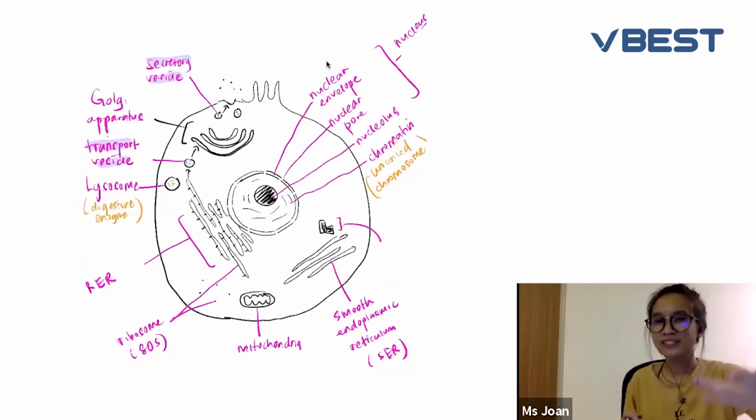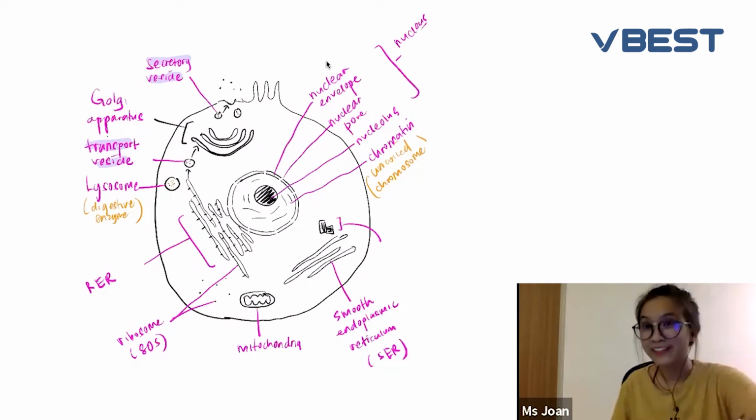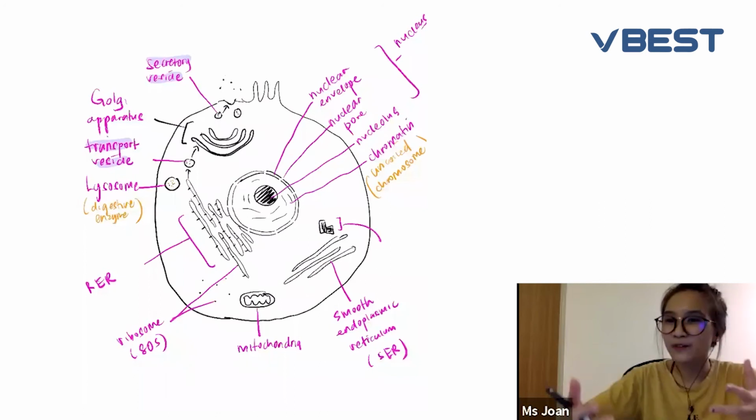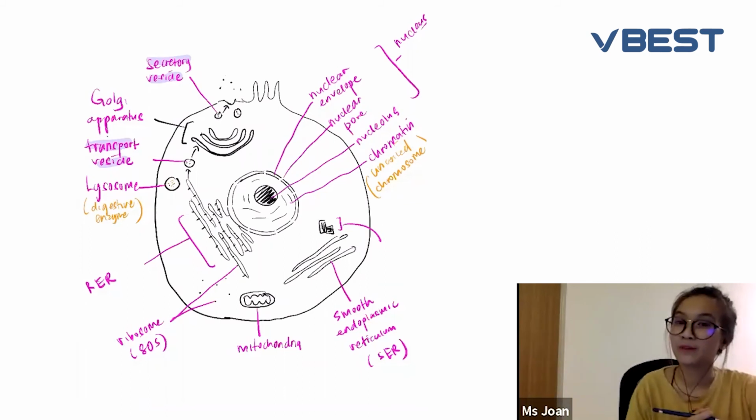They will just tell you it's lysosome. Usually, they won't ask you to label the lysosome. If they did, they will tell you, oh, this structure contains enzyme. So you know it is lysosome. They will just give you a hint. Then you'll be able to label them already.